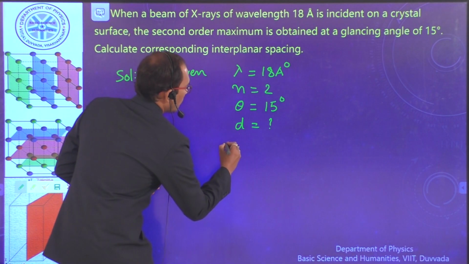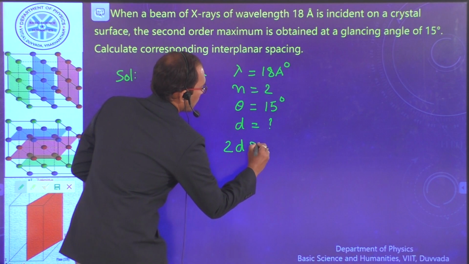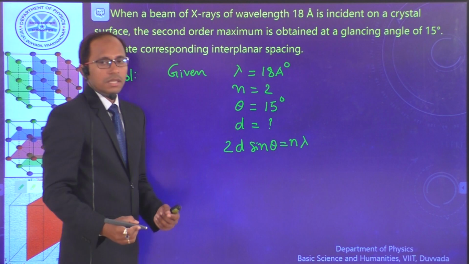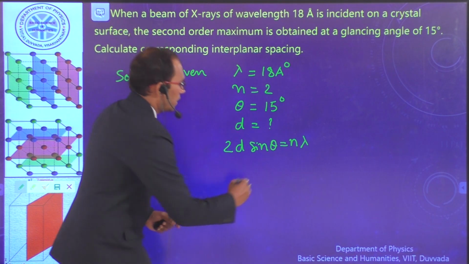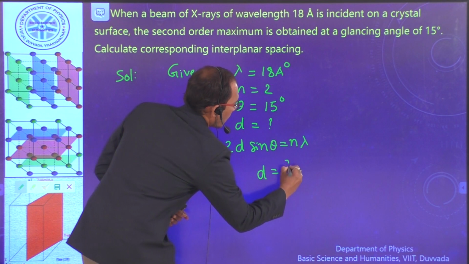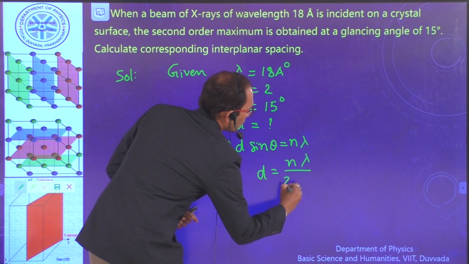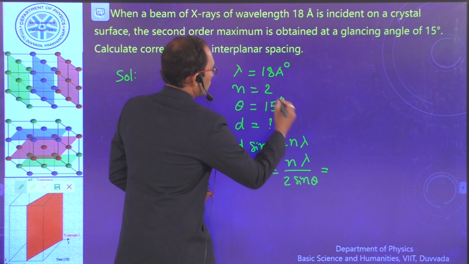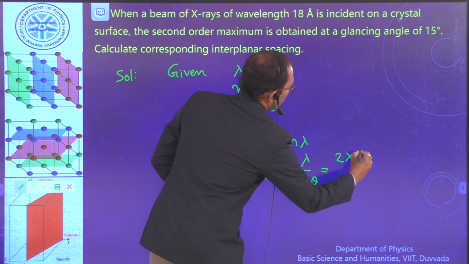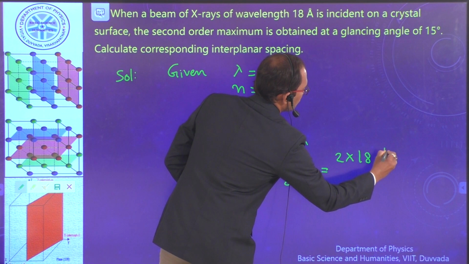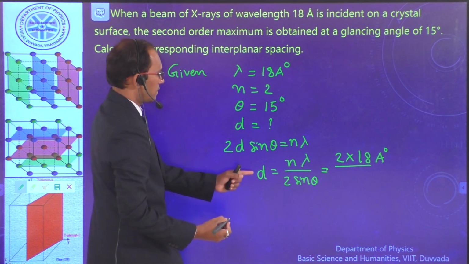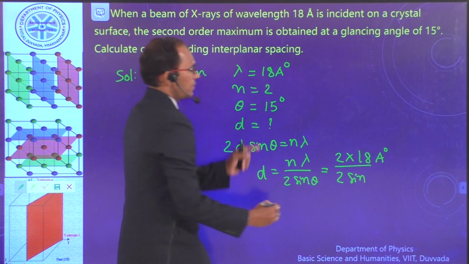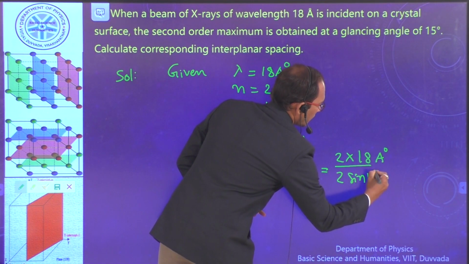What is the formula? 2d sin theta is equal to n lambda. Now d is equal to n lambda by 2 sin theta. n is 2, lambda is 18 angstrom units, by 2 sin 15 degree.